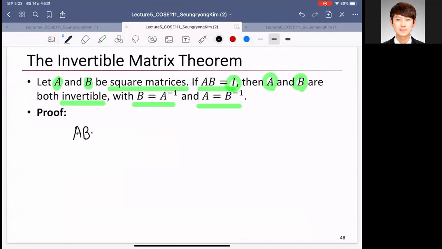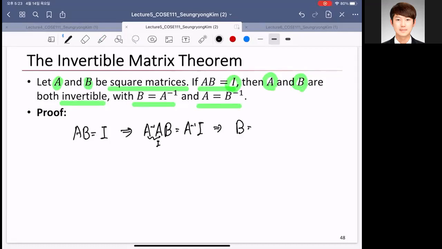All right. So if AP is equal to the identity matrix, then by multiplying the inverse of matrix A on the left-hand side and right-hand side, inverse of A times AP is equal to inverse of A times I, which is the identity matrix.